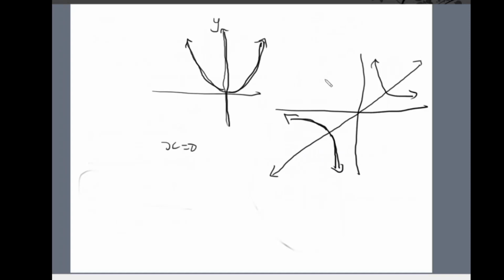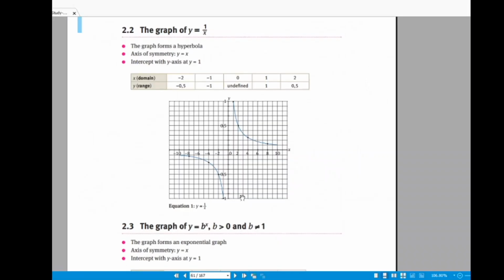Another axis of symmetry for the hyperbola is the line y equals minus x. Notice this piece is a reflection of that piece across this axis of symmetry. That is the graph of the hyperbola.